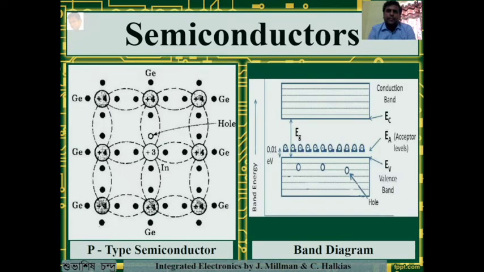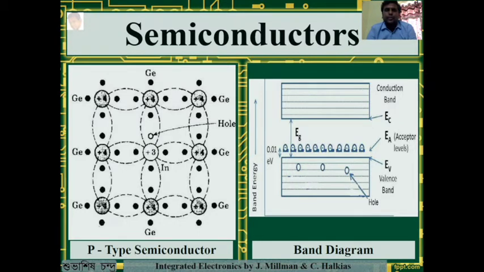For that, we require to dope the material with either a p-type material or an n-type material. Let's look into that. In case of a p-type material, a group 3 element is doped so that 3 electrons share and form covalent bonds, whereas one of the bonds is not completed.